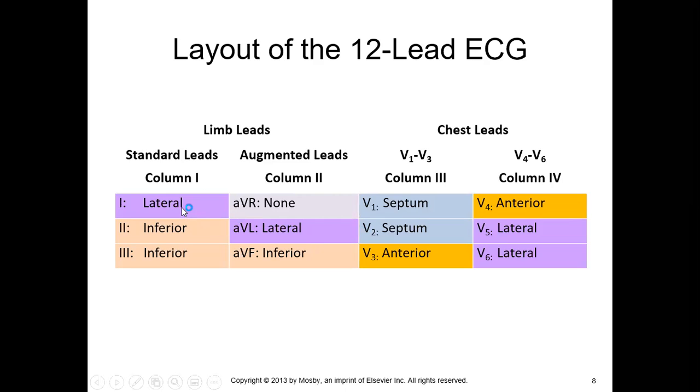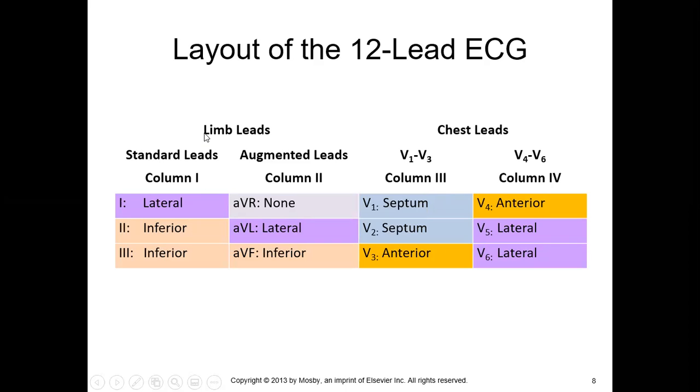That's why you see it say lateral, inferior, and so on right here. Over here, you see it has different names, and they go across in 4 columns: column 1, column 2, column 3, column 4.